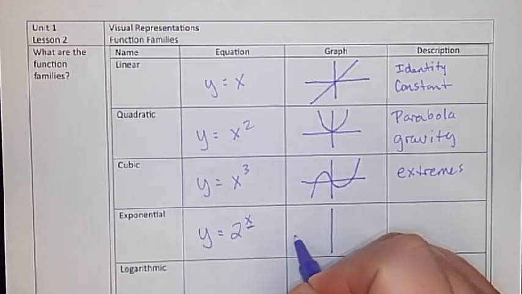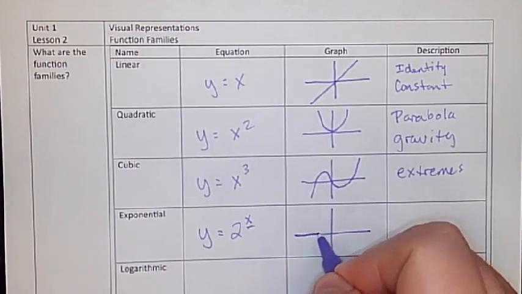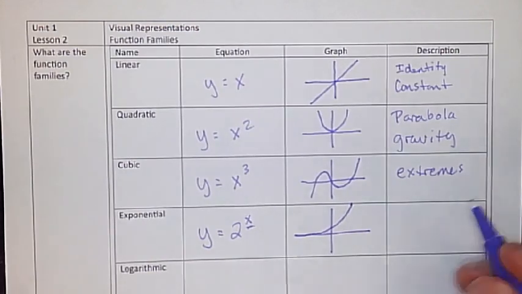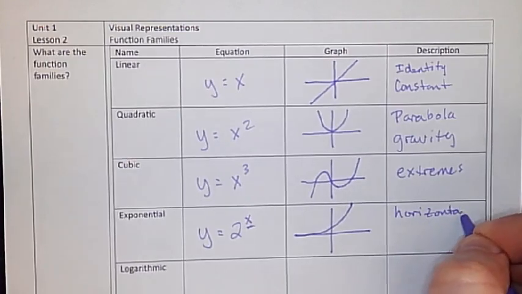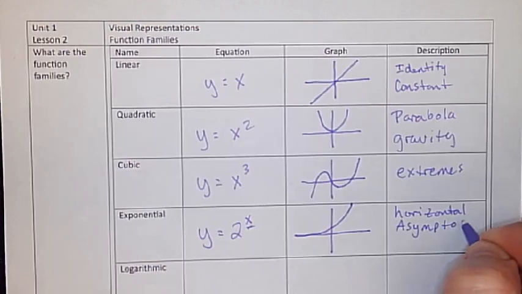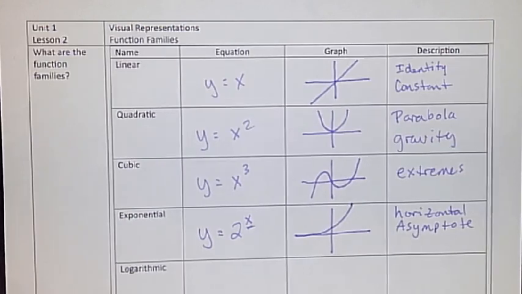When we look at the graph of an exponential function, something that is important to note is that the graph will always contain one horizontal asymptote. So we will see that horizontal asymptote. We also want to note that this function is commonly used to show growth and decay in a geometric pattern.